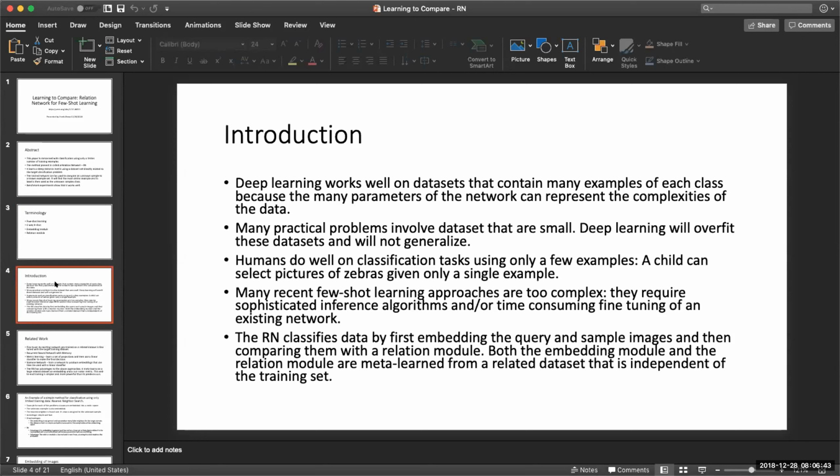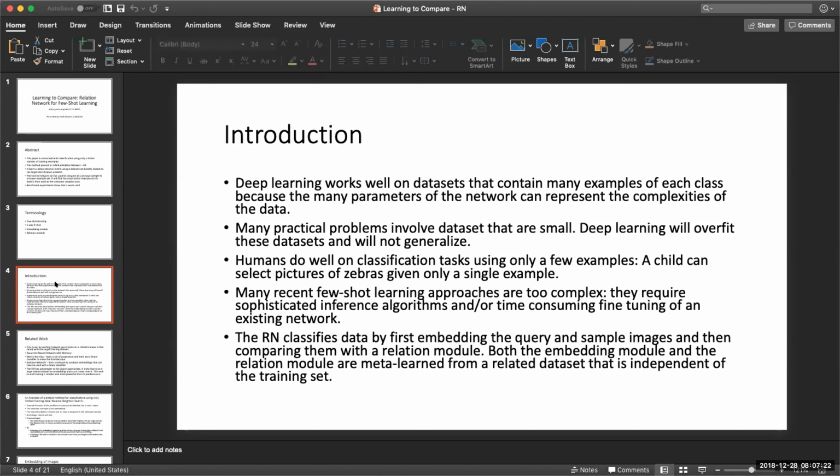So the paper brings this up. I'll summarize this, since we could go into a lot of detail, but I'll just say quickly that deep learning networks work very well, but they need many examples of each class, probably because they have many parameters, and the complexities of the data can be represented using all these parameters.